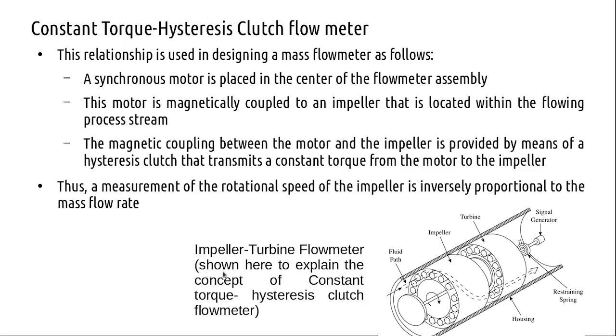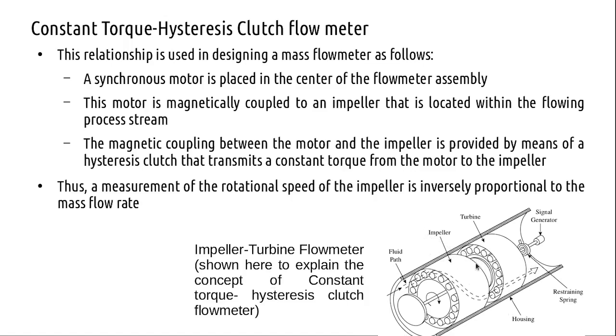I did search several places, but I couldn't find a figure for a hysteresis clutch flow meter. I have shown the constant torque hysteresis clutch flow meter, using the impeller turbine flow meter here, just to make some concepts clear; you will have to visualize a bit.